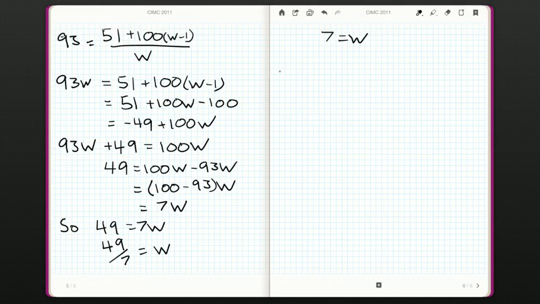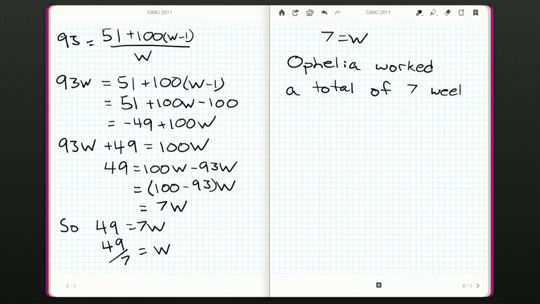So we would write that in the box, or if we wanted to give a little bit of explanation as we've been doing, make a little therefore statement, we could say Ophelia worked a total of 7 weeks. Okay? We put 7 in the box, we move on to question number 4.